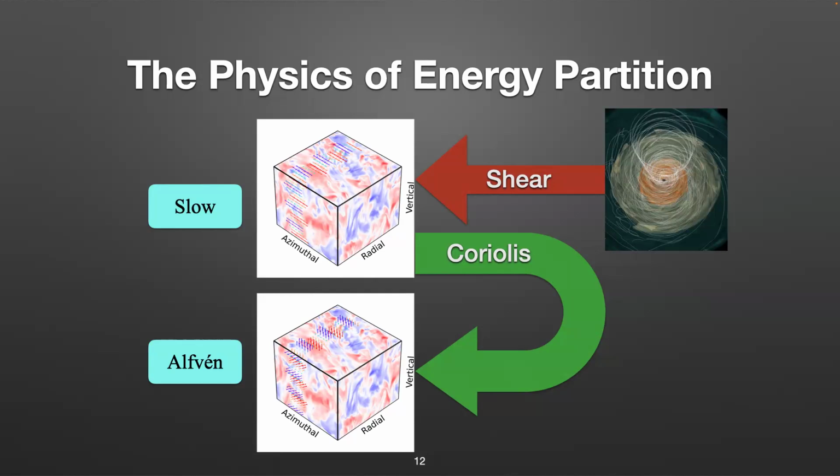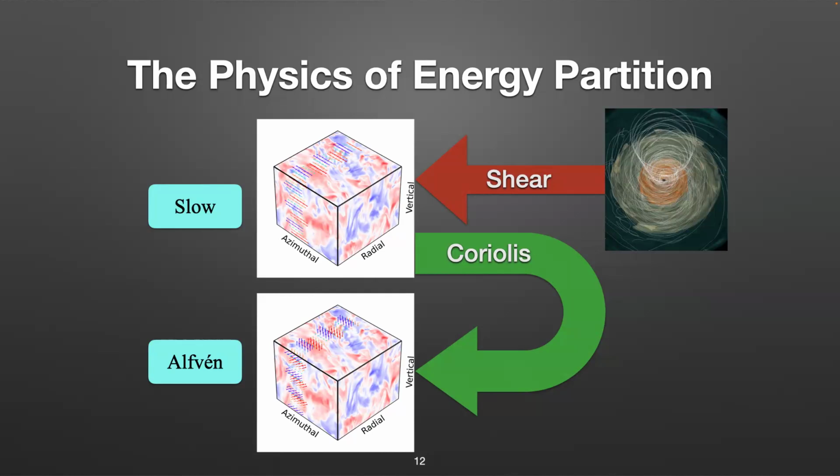Remember that this little patch of the accretion flow is moving around the black hole. So when you zoom into this patch, you will have to consider a Coriolis interaction. The waves are being driven locally in this little shearing box, and it is this Coriolis interaction that takes some of the slow waves and puts it into the Alfvén waves.